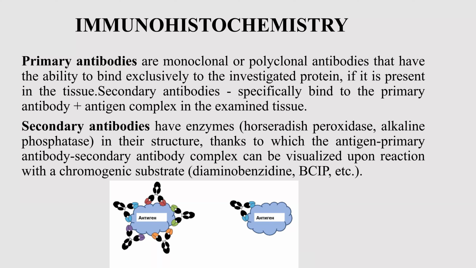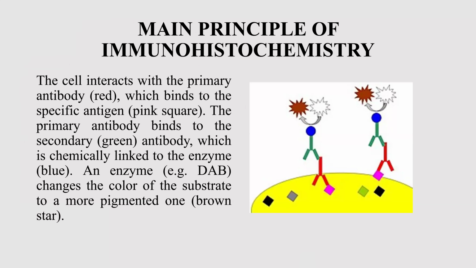Alkaline phosphatase is also used, and a couple of other types of fluorescent tags for fluorescent microscopy, like I demonstrated in the first slide of this chapter. Here we can see the antigen, primary antibody, secondary antibody, and the chromogen.